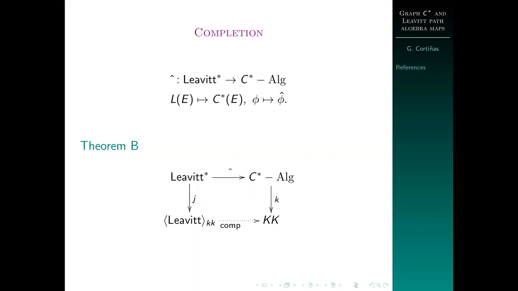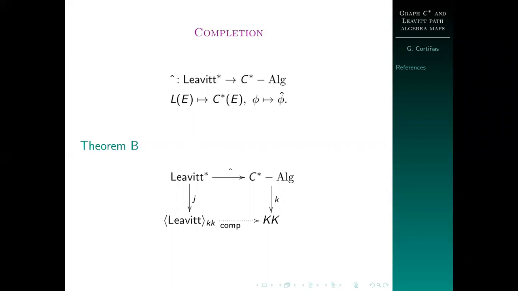Okay, so in particular, as I pointed out before, every algebra map, whether it preserves the involution or not, is represented inside this Leavitt kk, and to each of these we are associating a big KK class between the corresponding C-star algebras. Right?